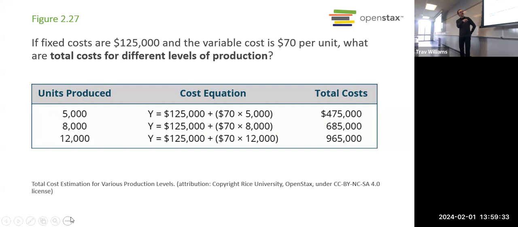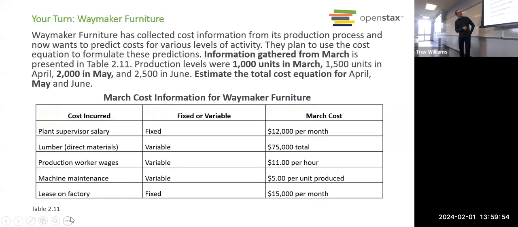And so we see in this example 3 different levels of production and the estimated total costs based on the formula. But the tricky part is if you don't know what the fixed cost is and what the variable cost per unit is, how do you figure that out? So you're gonna have to wait for the answer because it's coming on a different slide.